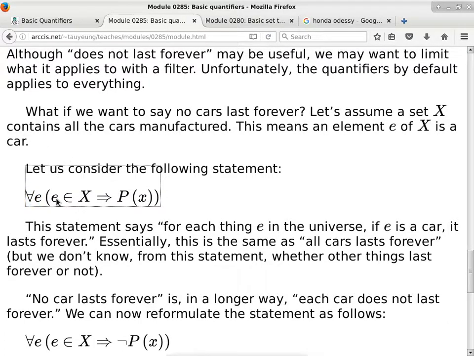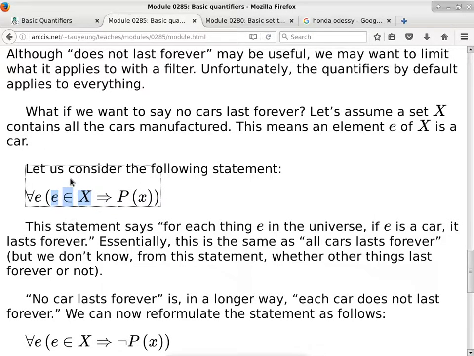Now we want to evaluate the inside part here and say, is that true or not? And remember, we want X to be the set of all integers, right? When we look at the implication, we have to evaluate the left-hand side first. So we say, is MX5 an element of the set of all integers?